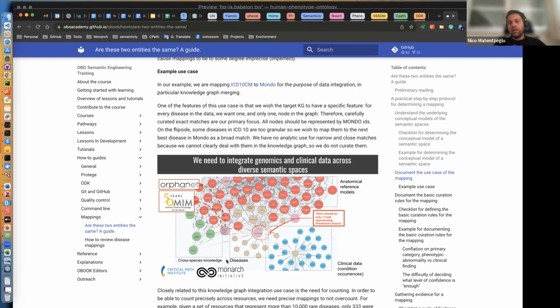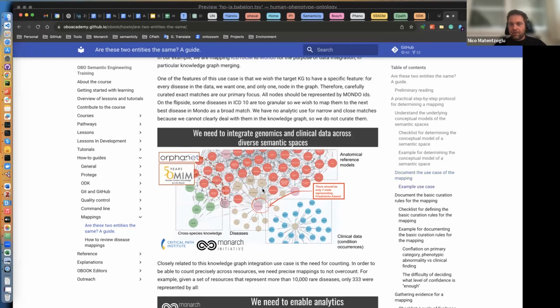And one of the key features we have in this knowledge graph is that, and there are knowledge graphs where that's not the case, but in ours, because of the kinds of applications and the kinds of analytics we want to run, we want to make sure that every single disease that exists out there is reflected in exactly one node in that graph.